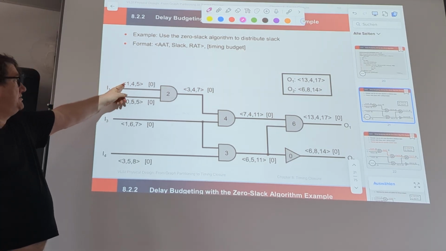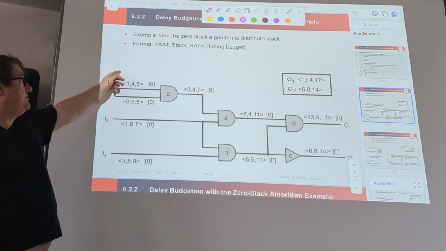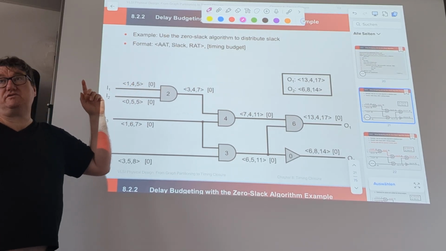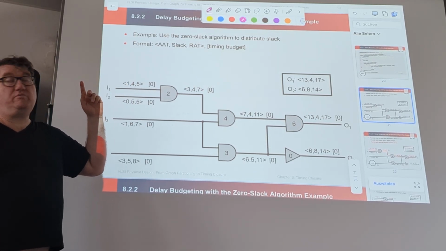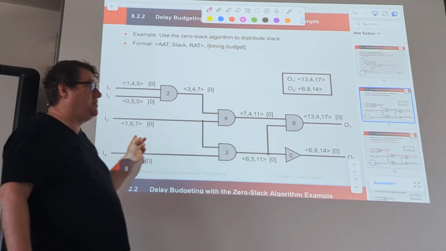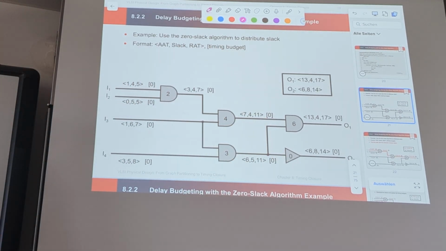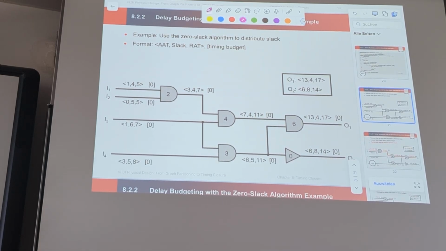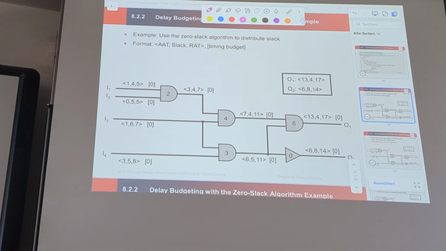Here you have the notion of the arrival time, the slack, and your required arrival time. And you see that you have slack here at all those places. The question that he wants to solve is, okay, there is some margin in the circuit. Which wires can be longer? Which gates can be slower?